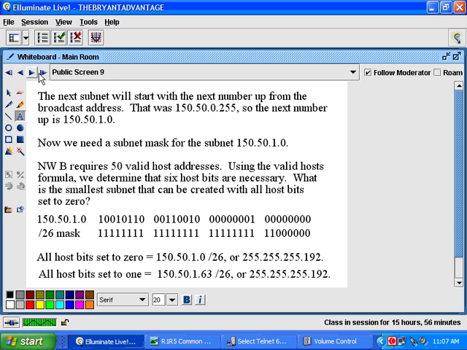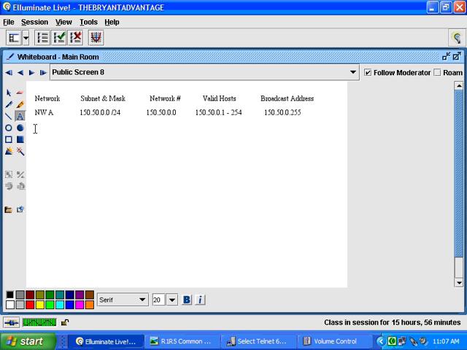So let's go back to our chart and fill that in. Let me change the font size here a bit. So now we've got network B, and we determine that the subnet and the mask for that is 1.0/26. And now you see the real VLSM come in because our networks are not going to be using the same length subnet mask.